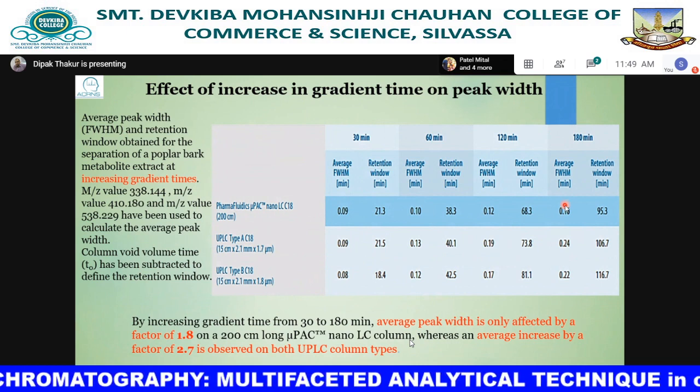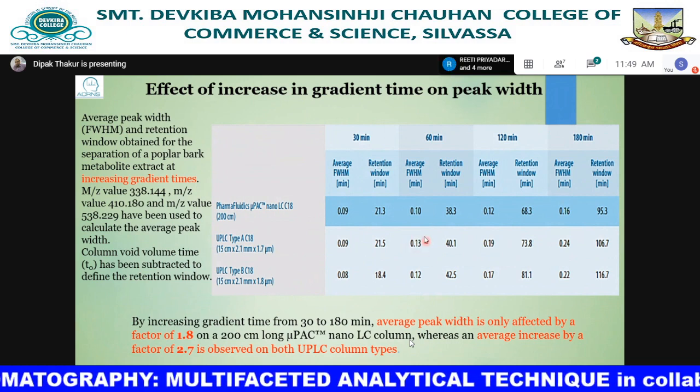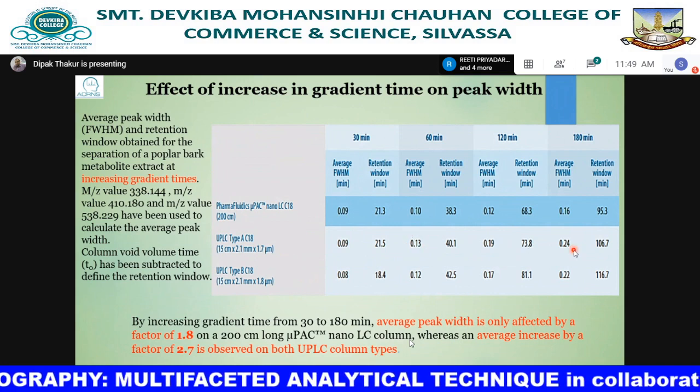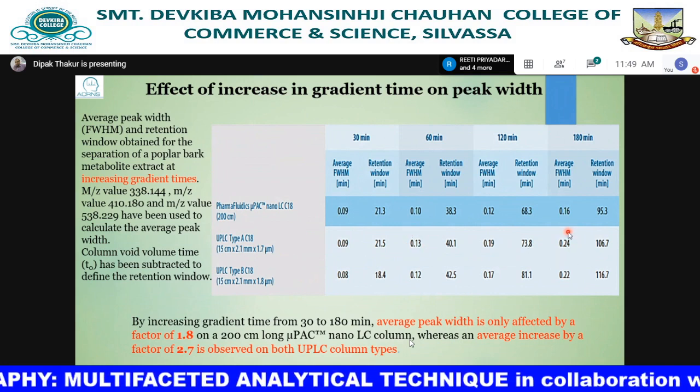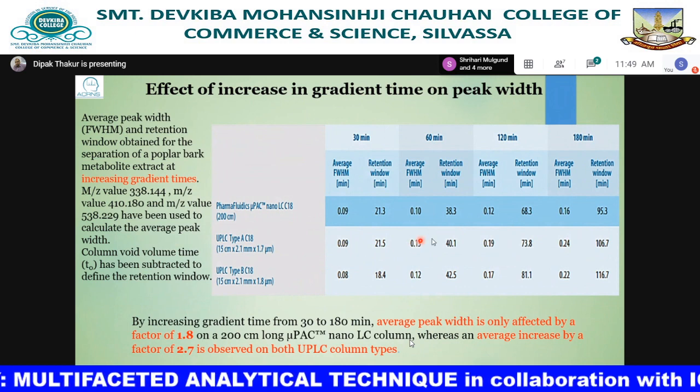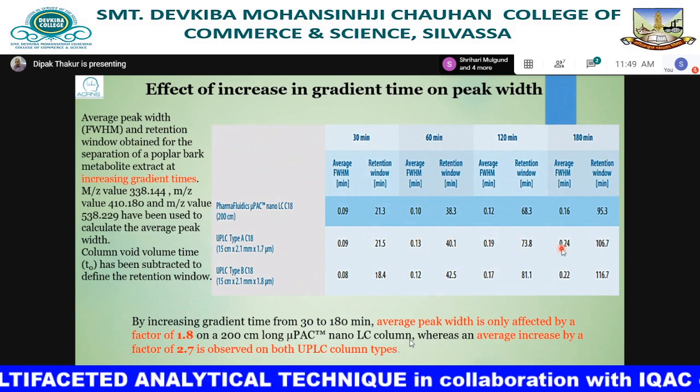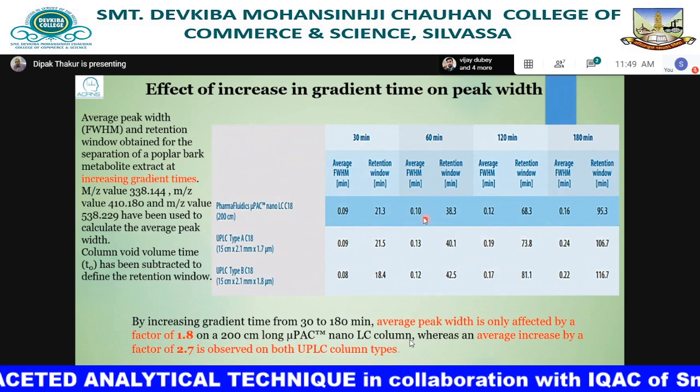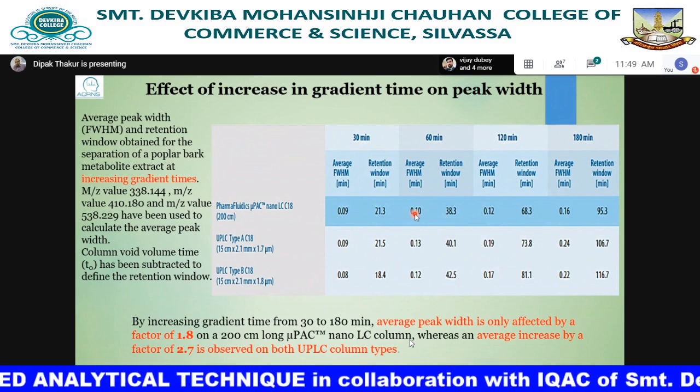Whereas here the increase is from 0.13 to 0.24. It's almost doubled in our bead based columns, but here it's 1.5 times.